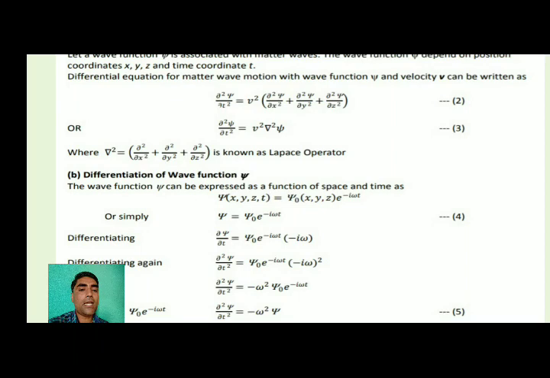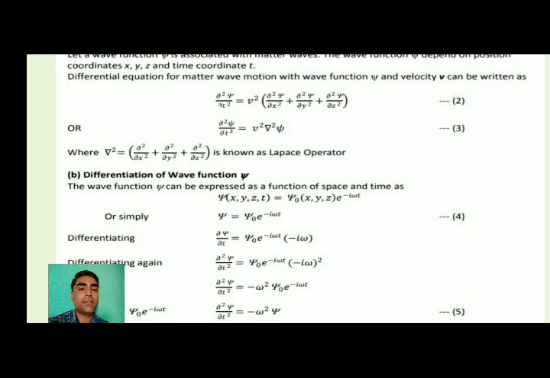Here psi 0 of x, y, z represents the amplitude of this wave function psi. We can simply write this as psi equals psi 0 times e to the power minus i omega t, where psi 0 is the amplitude, and the basic wave function is an exponentially decaying function of omega and t.